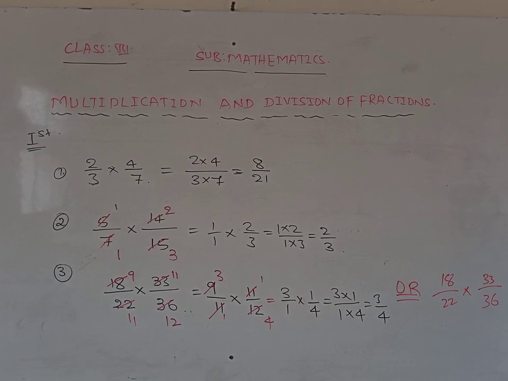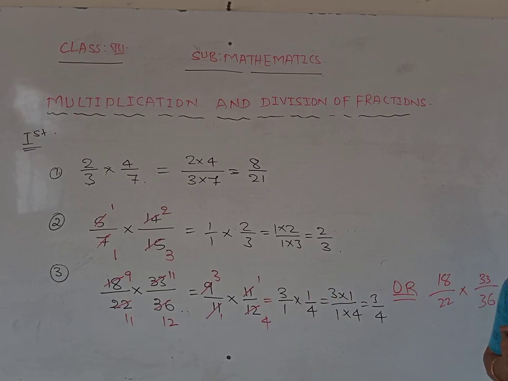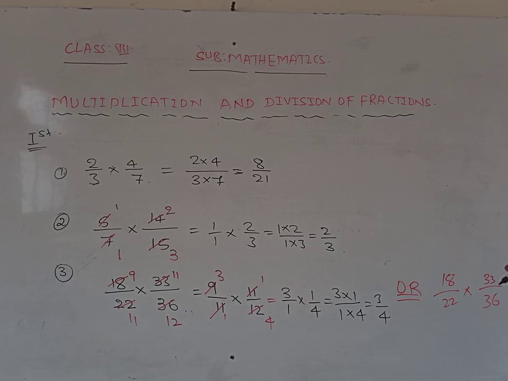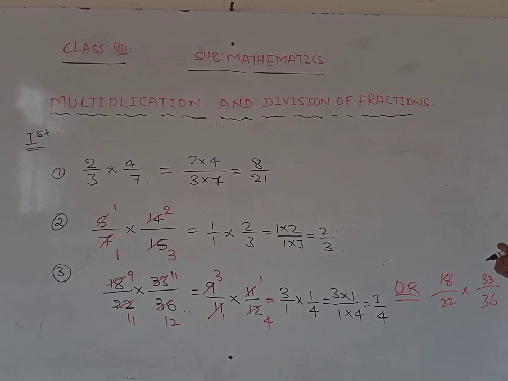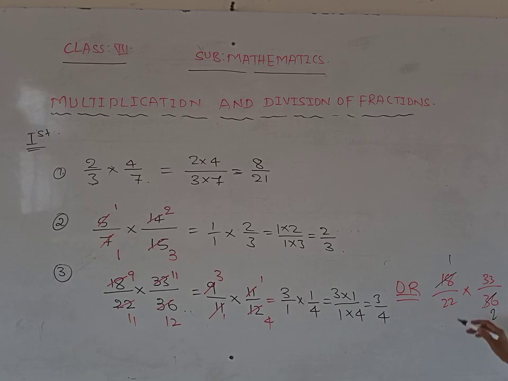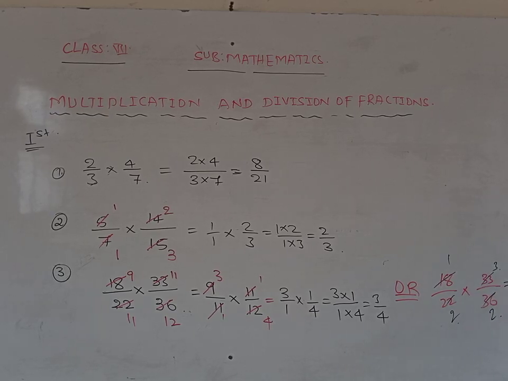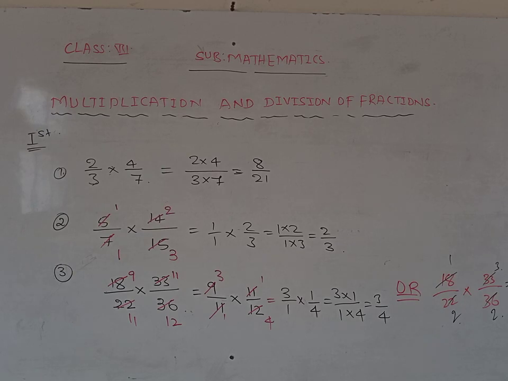But we have to go through smart work, not hard work like this. Smart work means, is there any common factor? Yes. 18 ones are 18, 18 twos are 36, 11 twos are 22, 11 threes are 33. 3 into 1 is 3, 2 into 2 is 4. 3 by 4, easily we will get the answer.